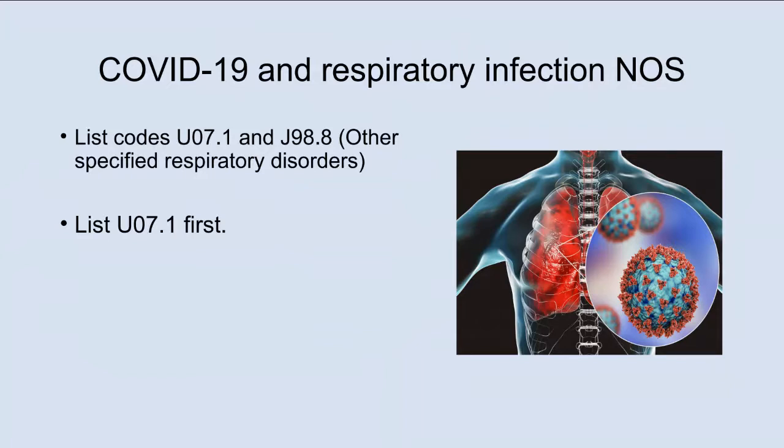U07.1 is listed first, and then J98.8 for respiratory infections not specified as acute, or lower respiratory infection not specified as acute. So this is respiratory infection NOS, so we don't know if it's lower, we don't know if it's acute, so you're going to use the J98.8 code.